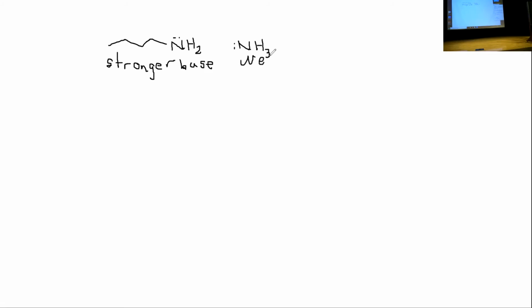And I say H, I'd really rather say proton, but I just want to make sure that everyone understands me. And the reason is not hard to understand. This alkyl group has a lot more electron density around it than a hydrogen does. The only electrons around the hydrogen are in the NH bond. Here you've got all of the electrons in the carbon-carbon and carbon-hydrogen bonds.